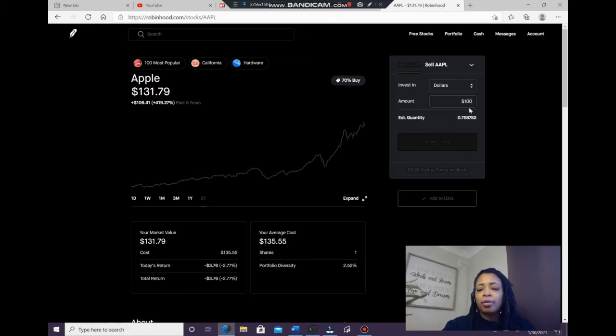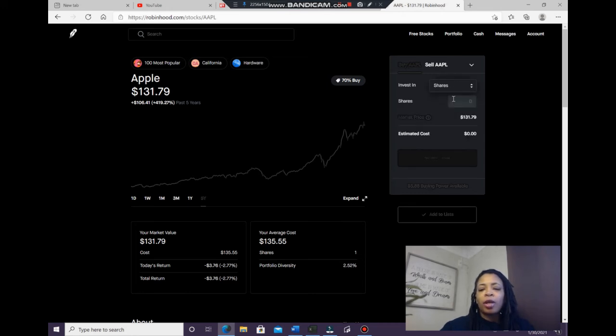Add a zero to that, a zero to that, and that's how you could tell the estimated quantity of Apple shares that you'll buy. If you want to just buy shares in round numbers, you just go back to shares, and tell them how many shares you want to buy. 1 share, 10 shares, like that. If you want to buy a partial share, you can go 1.5. That's what it'll cost you.